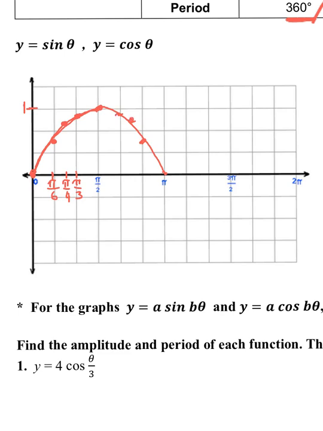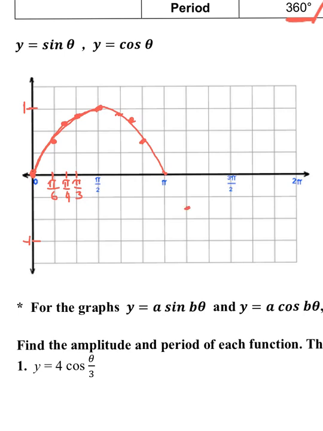Then we continue at 7 pi over 6. Now we have negative 1/2. I'll mark my negative 1 right here, so like negative 1/2.